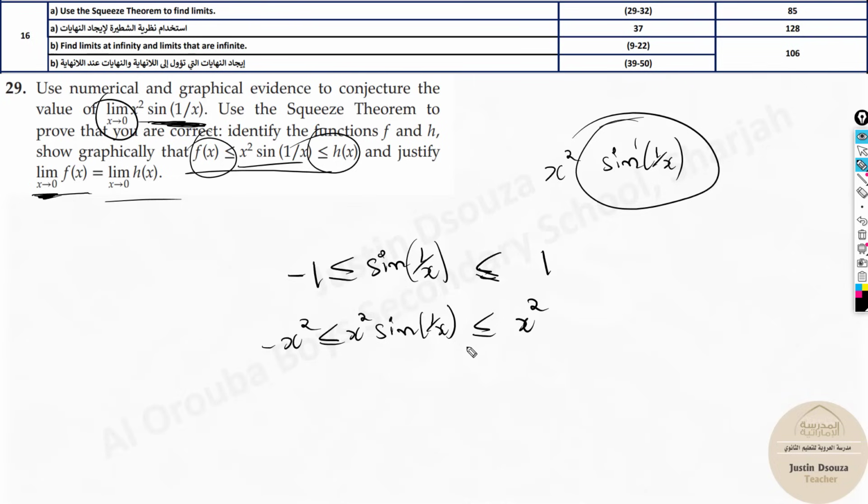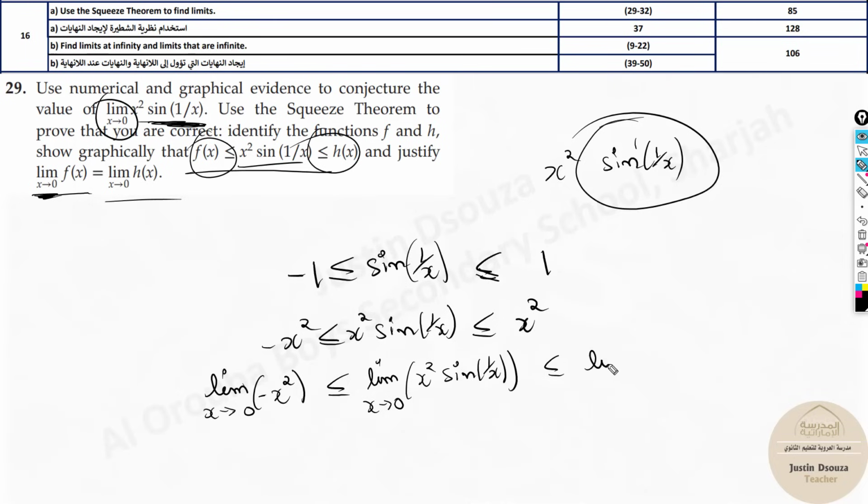So now just find the limits everywhere. If I do limit as x tends to 0, here the function is minus x square less than or equal to, over here also limit as x tends to 0, x square sine 1 by x, less than or equal to limit.